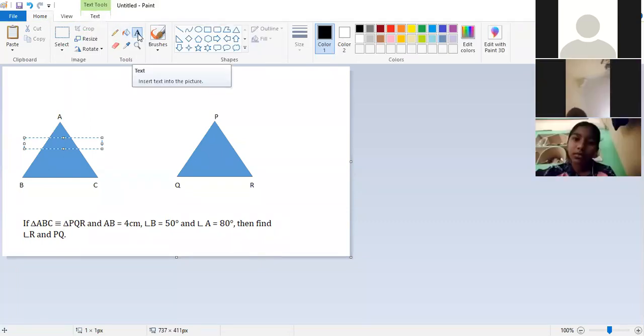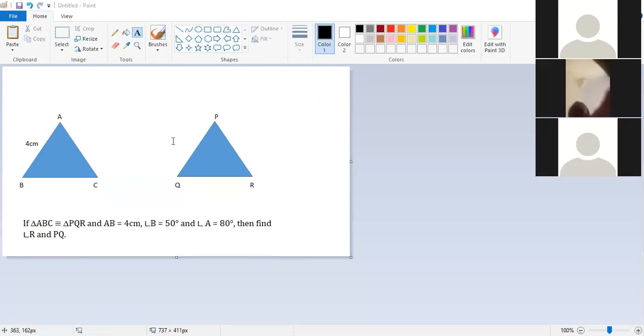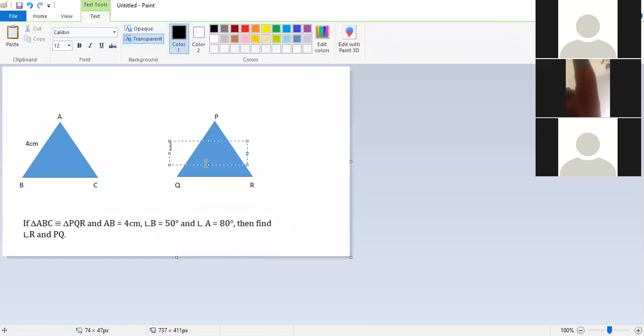This length is 4 centimeter. If AB length is 4 centimeter and both triangles are congruent, I can say PQ length is also 4 centimeter. Why? Because both triangles are congruent.